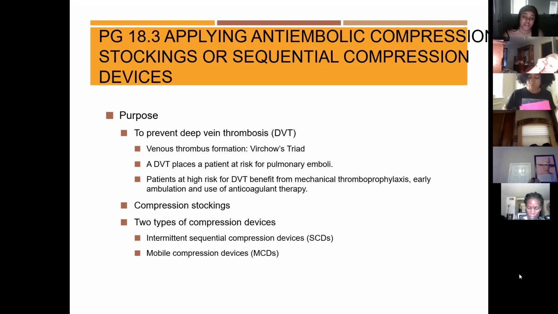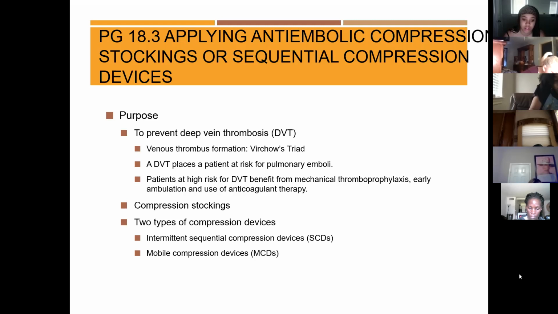Okay, so if we have the feeling that our patient may be predisposed to having a DVT, then we want to put on anti-embolic compression stockings, or TED hose as you'll hear them called, or a sequential compression device.